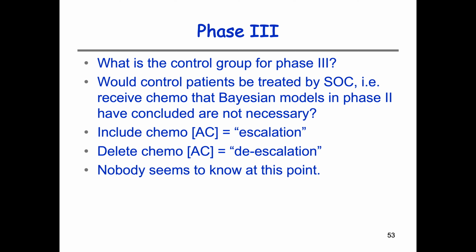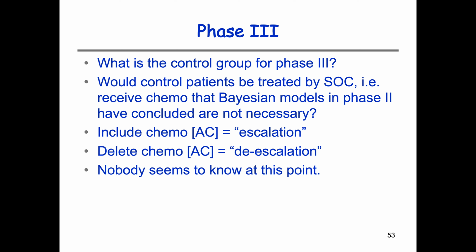Well, nobody knows at this point. Again, would it be ethical to make this subtype go through chemo when the phase 2 said it wasn't necessary? Yes, that maybe is an easy answer.